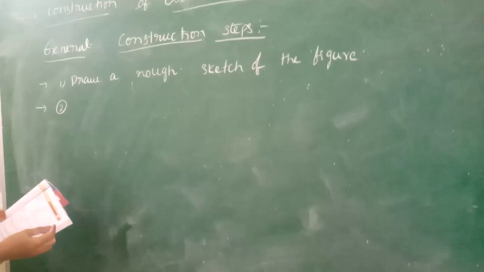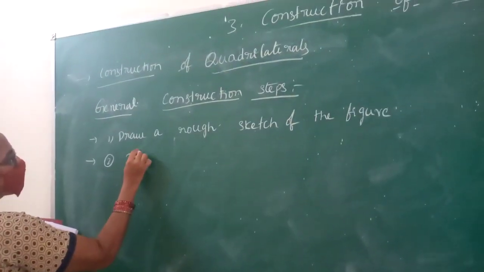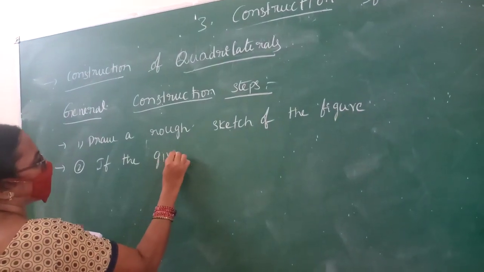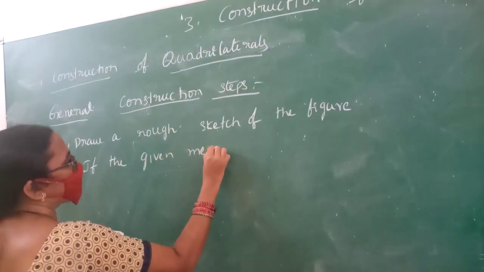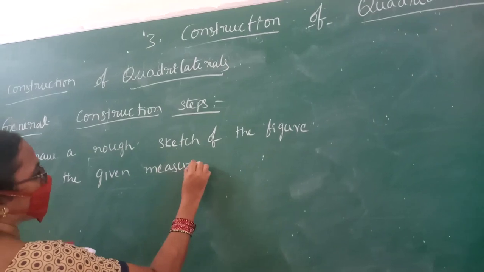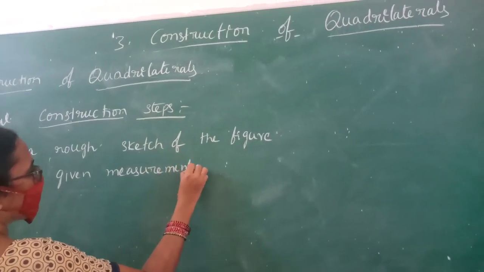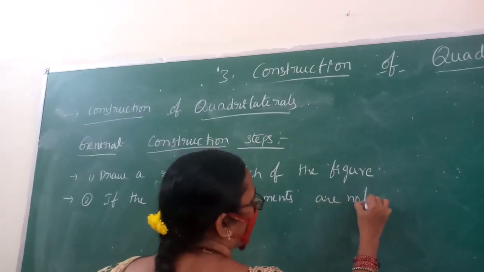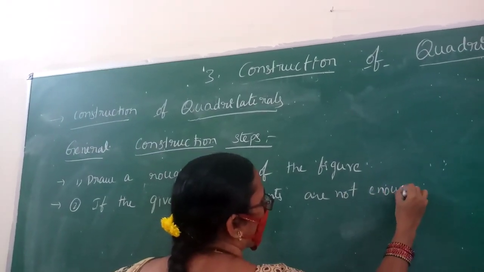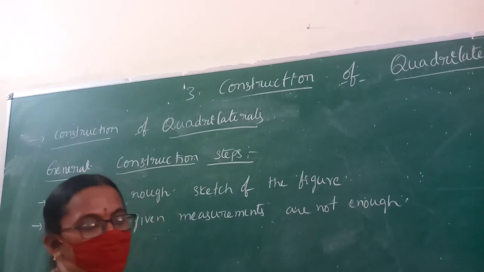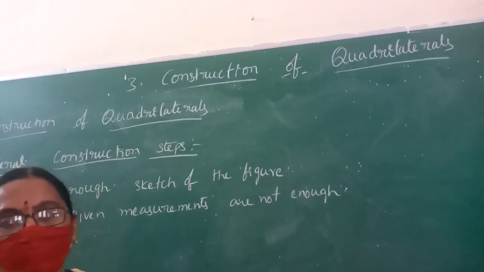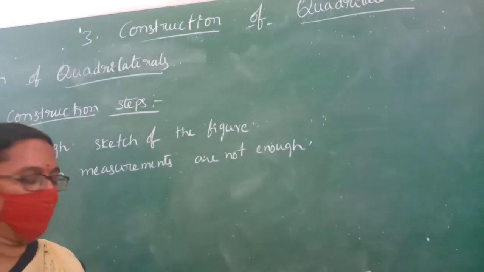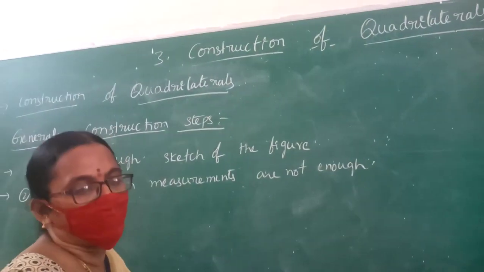Second step, if the given measurements are not enough, how many measurements we need for a construction? 5. In the problem, 3 only give or 4 only give.